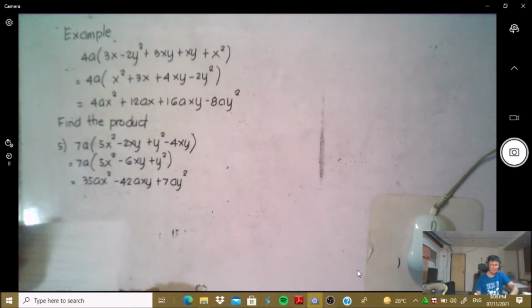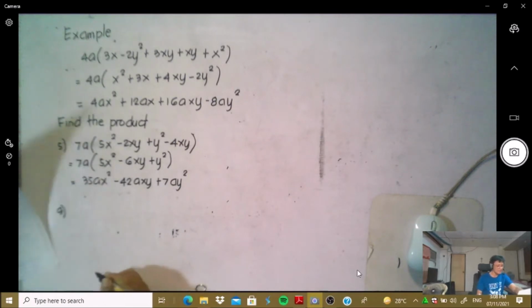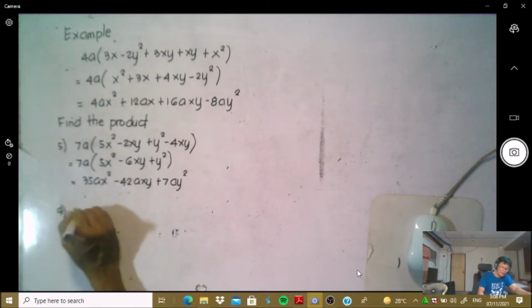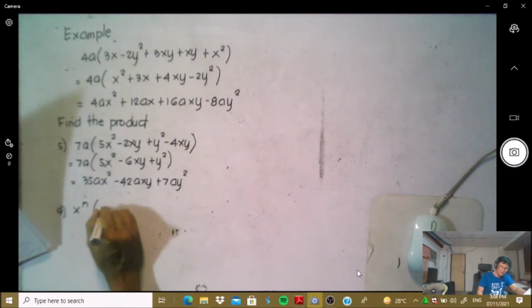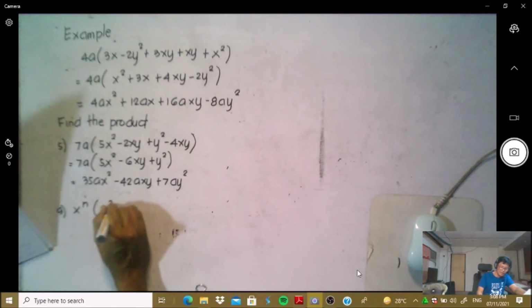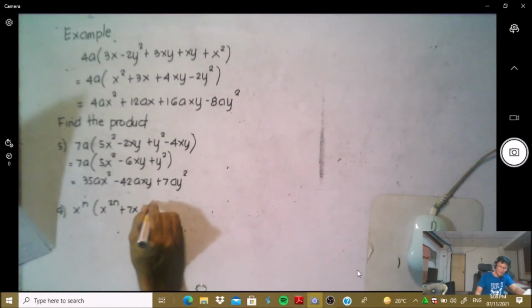Okay, so we have here number 9. So let's select number 9. Some are just easy. So for number 9, we have x raised to n multiplied by x raised to 2n plus 7x minus 3.